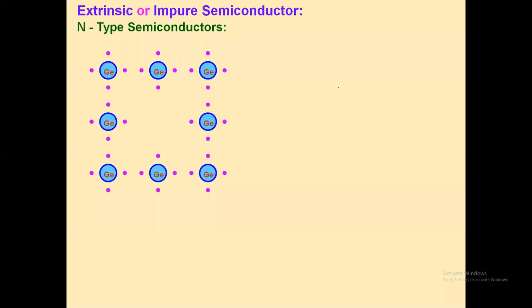But if we add pentavalent impurities such as arsenic, arsenic has 5 valence electrons.